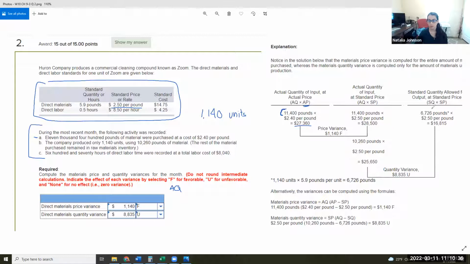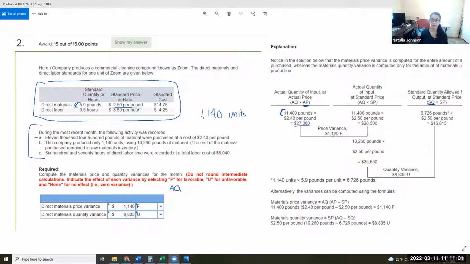Now let's find out how they did the standard quantity, because it says the standard quantity or hours for materials is 5.9 pounds. But they don't use 5.9 pounds right here. They use 6,726.